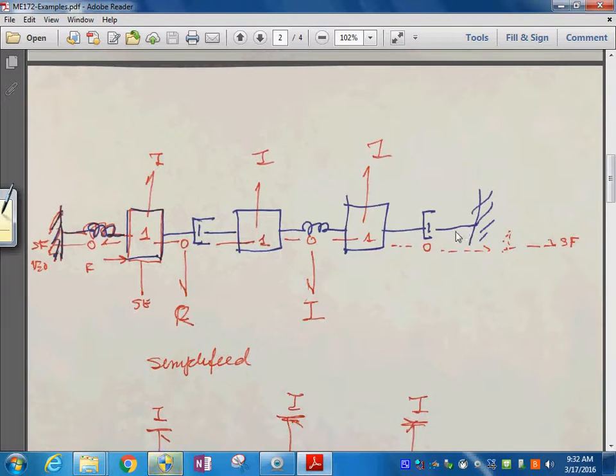So what do we do here? One for each mass. So we put the I elements in there. And then we have, let's see, hold on. We put the I's in there.